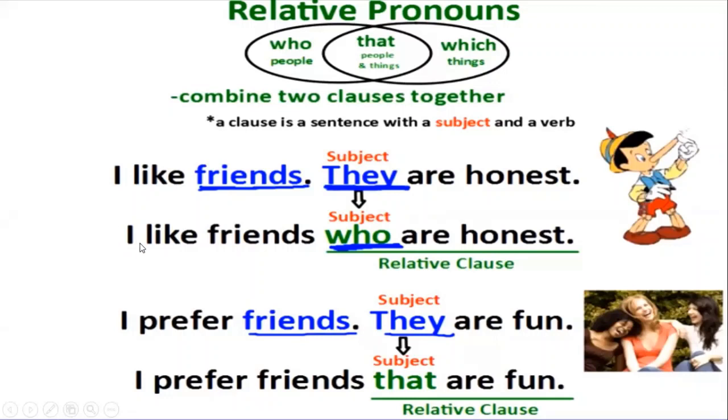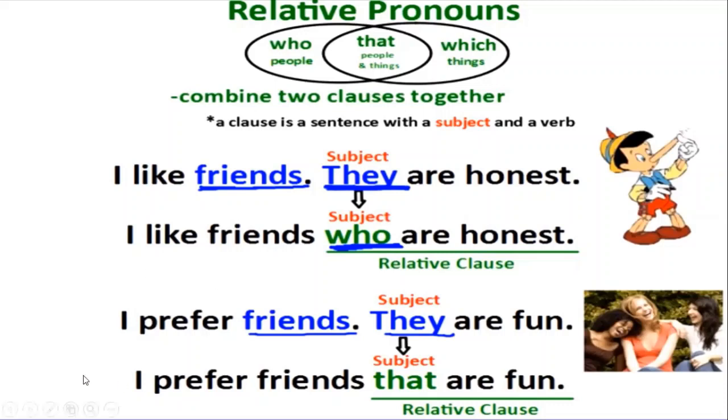I like friends. Who is the person who is honest, me or the friends? The friends, yes, right? So who is performing the action of being honest? The friends, not me. So who is working as a subject here?